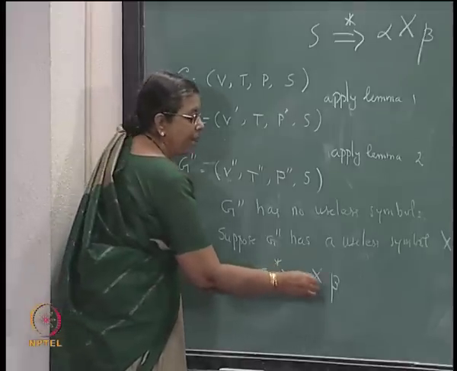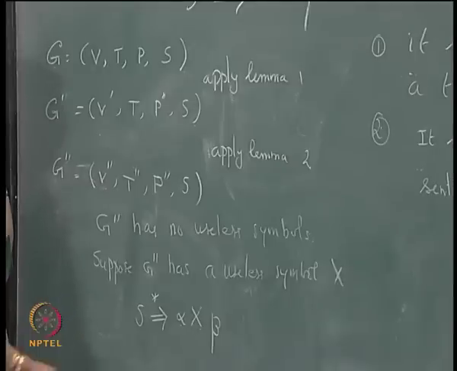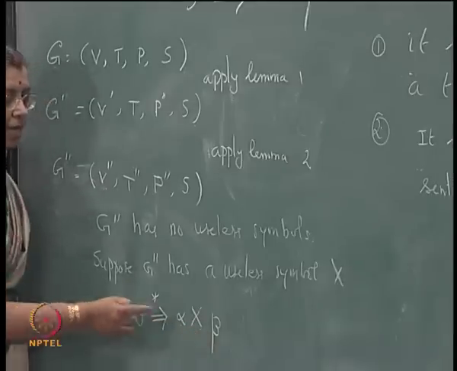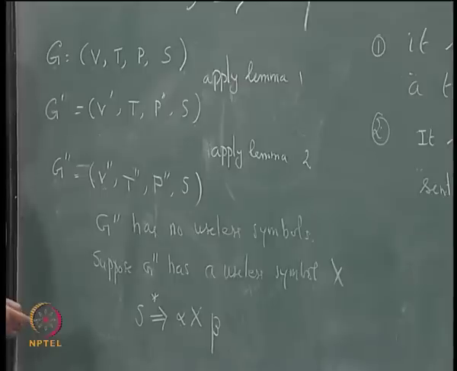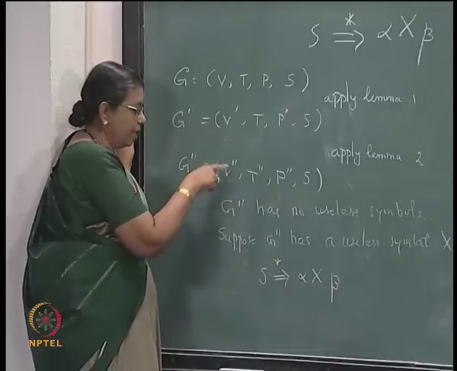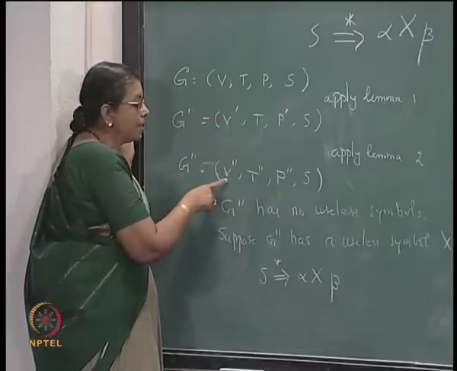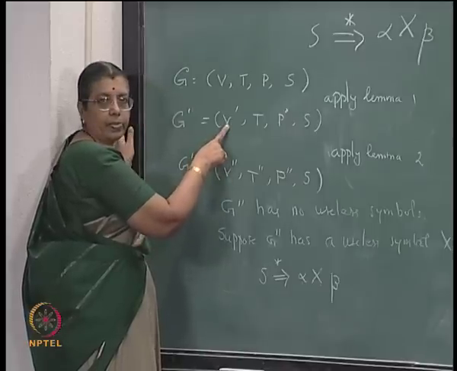Now, every symbol here, either non-terminal or terminal, especially non-terminals, whatever non-terminals are occurring in alpha or beta, they are in V dash. Because V2 dash is a subset of V dash, all symbols in V2 dash are in V dash also.